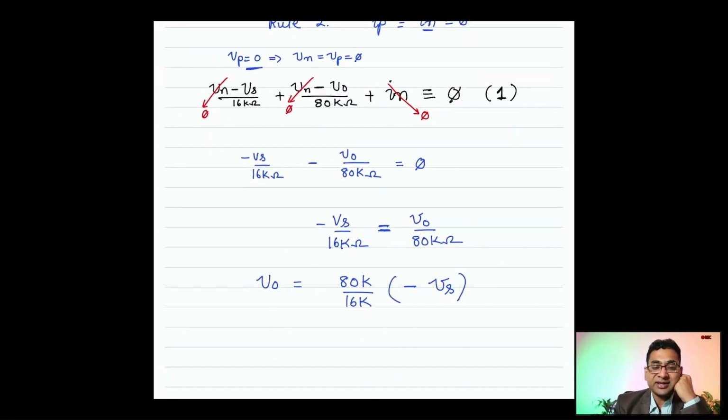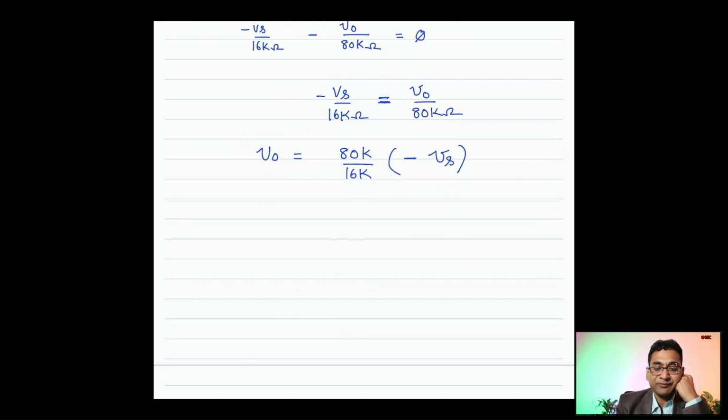So these are rules that are helpful. So V output, therefore, is 5 times negative Vs.